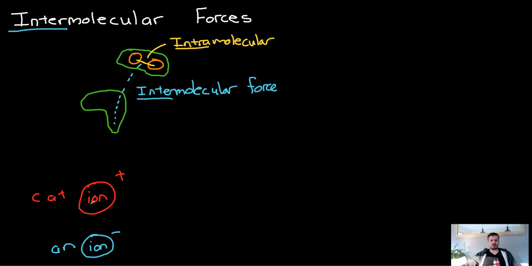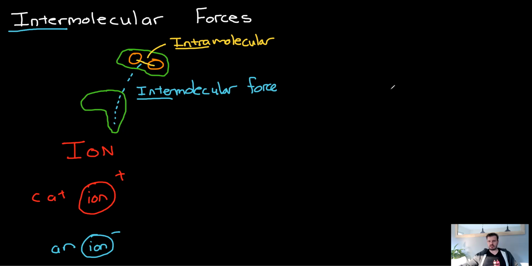And these are always charged, so it's relatively permanent. Okay, so we start with an ion. And then that could bond with another ion, but that's not an intermolecular force. That would be an ionic bond, which would be an intra.